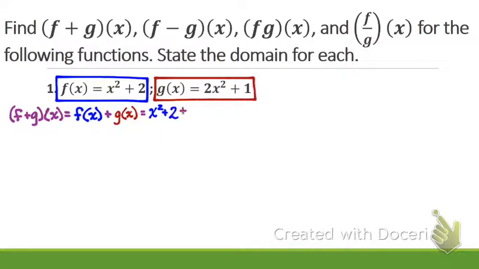What is my function g of x? 2x squared plus 1. Are there any like terms that I can combine to simplify this? Yep. X squared and 2x squared. That'll give me 3x squared. And 2 plus 1? 3.